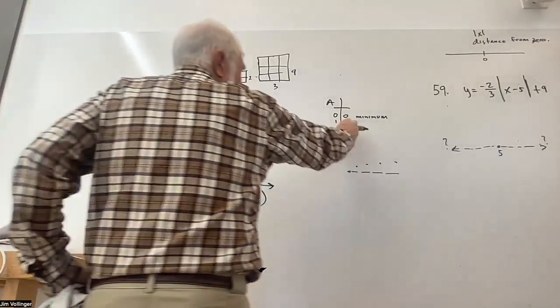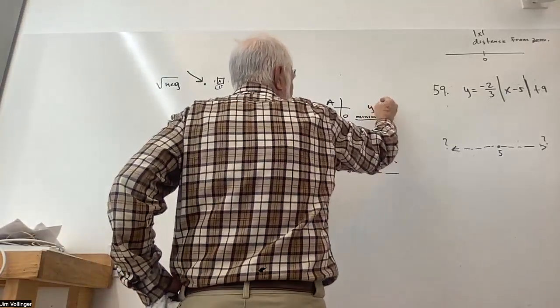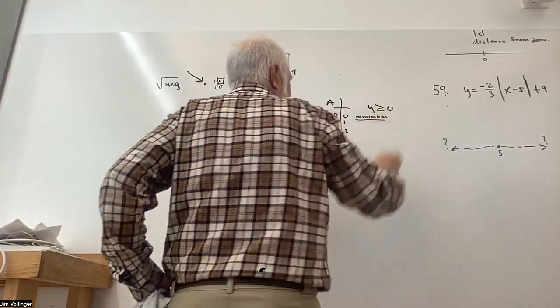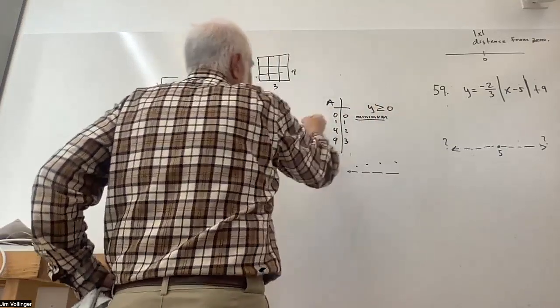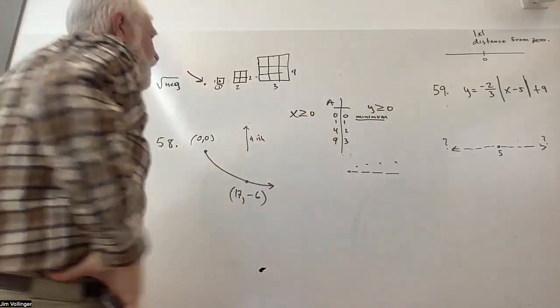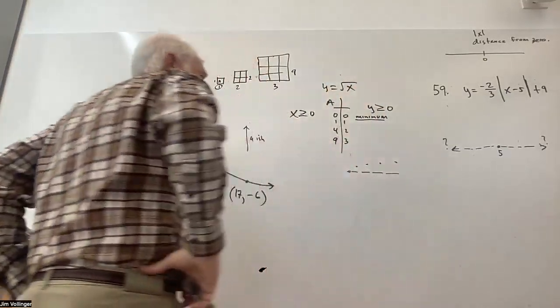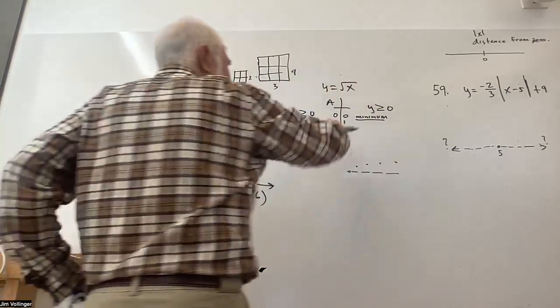And if you'll notice over here, we have a minimum. So the range of a square root function is y is greater than or equal to 0, and the domain is x is greater than or equal to 0. And that is for the function y equals the square root of x. So when do we get a minimum?